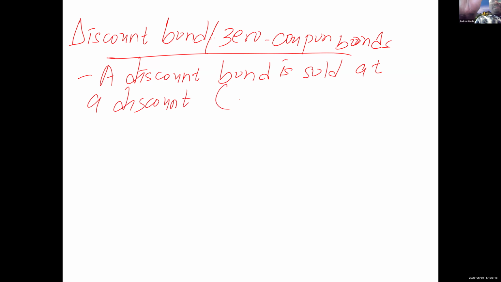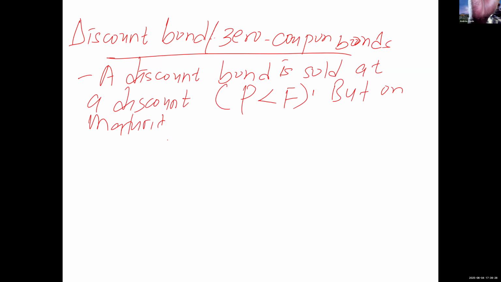When I say sold at a discount, it means the price is always below the face value. But on maturity, you get paid the full face value.